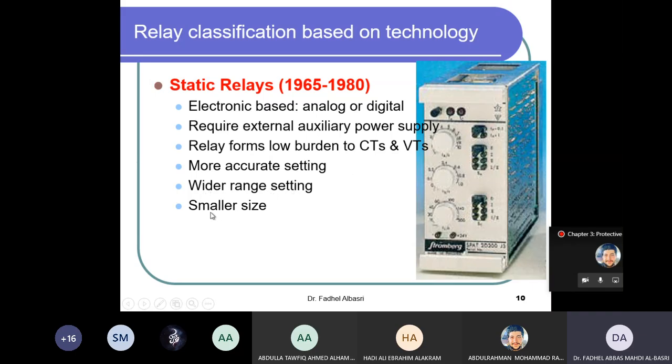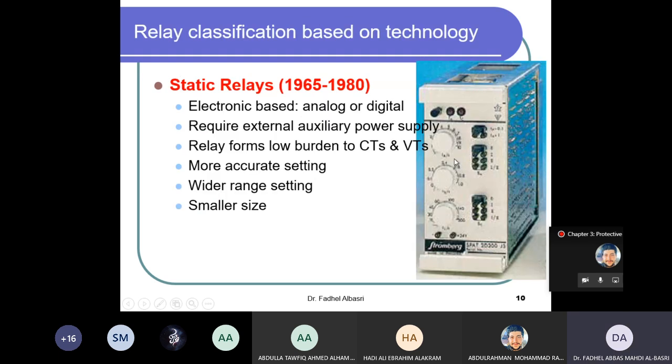This is a wider range and a smaller size. The size will be smaller, so it will occupy less panel space, or what we call footprint. The space required to install this is much smaller, so it will also reduce cost in general.